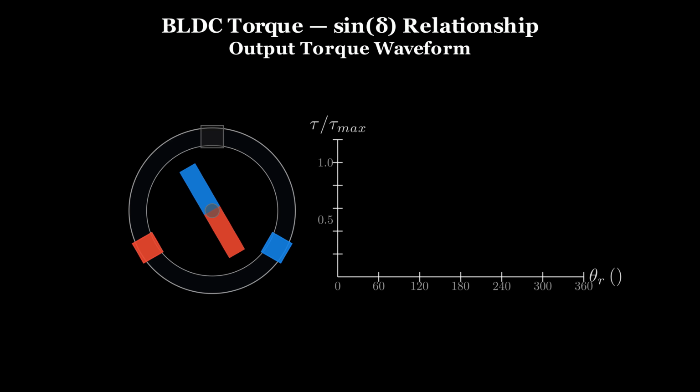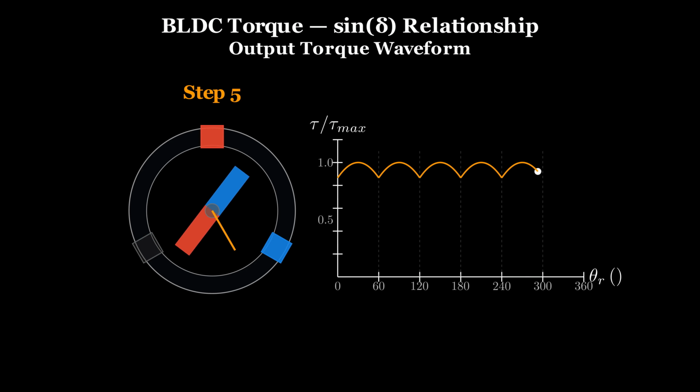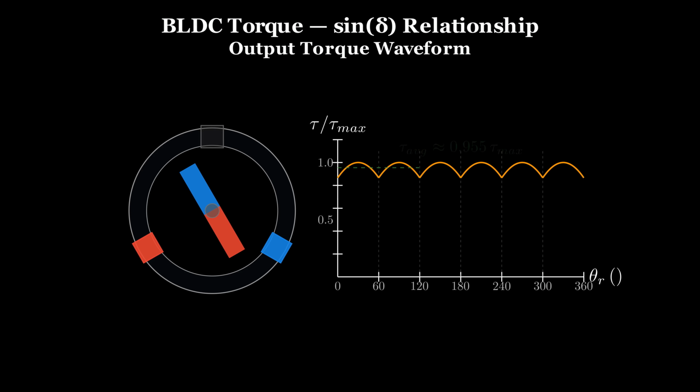Then, let's take a look at the torque ripple of a BLDC motor on a graph. As you can see here, continuous torque ripple occurs during the 6-step control process. The magnitude of this ripple is approximately 14%. This constant fluctuation is one of the key characteristics of the 6-step method that we need to keep in mind.